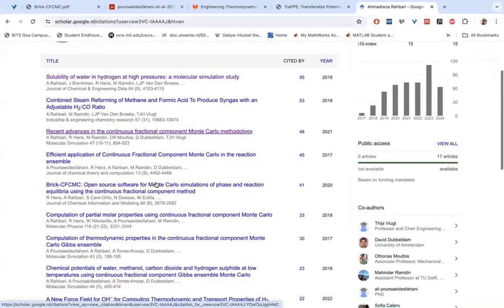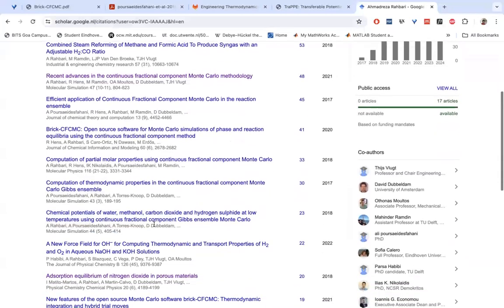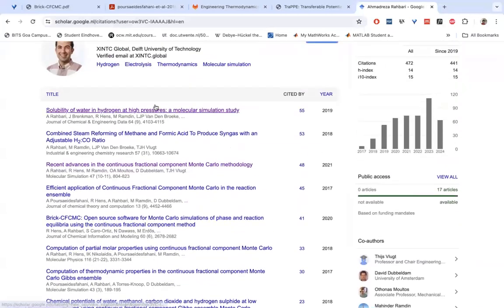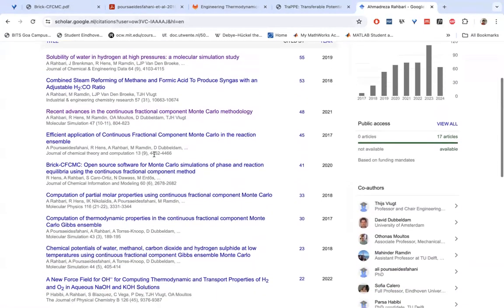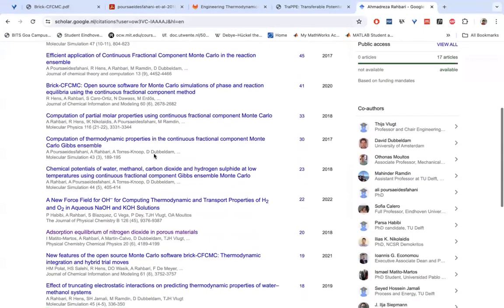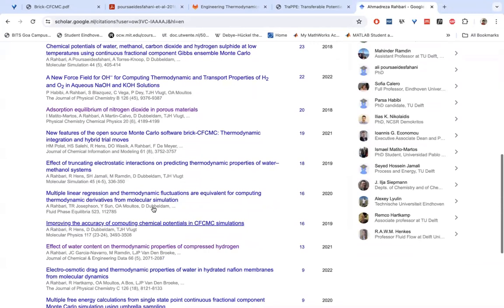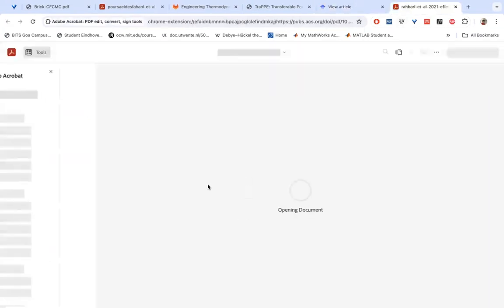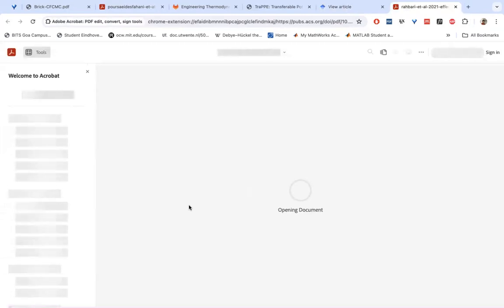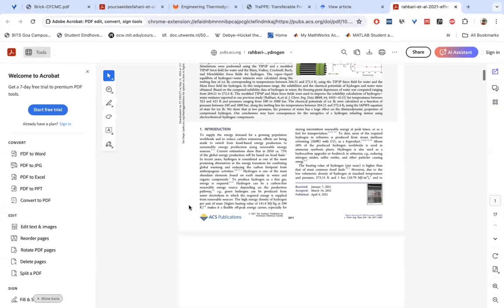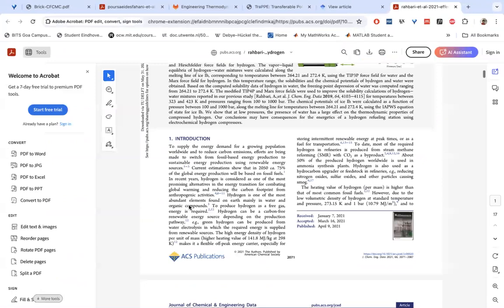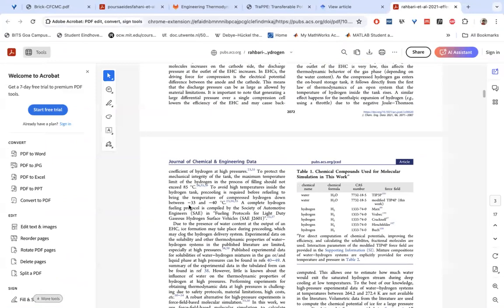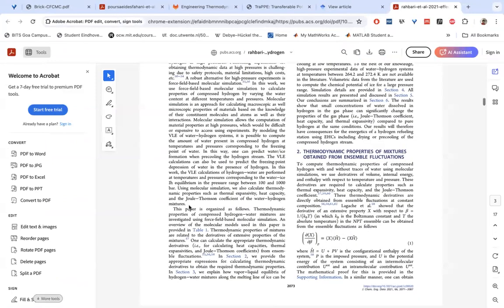So this must be the most recent paper with regards to the force field. Let us see. Yes, so this should be the paper where you can find the force field for the TIP4P/mu.